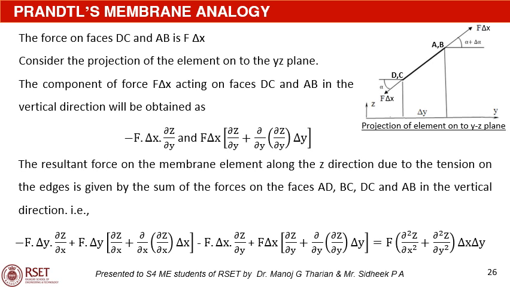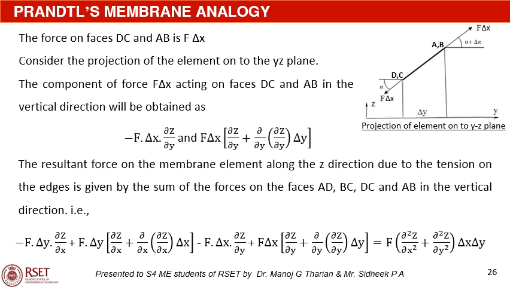Now consider the projection of the element onto the YZ plane. As can be seen from the figure, the force F delta x at point D makes an angle alpha with the x-axis, and the force F delta x at point B makes an angle alpha plus delta alpha with the x-axis.